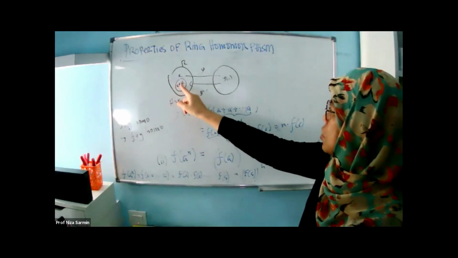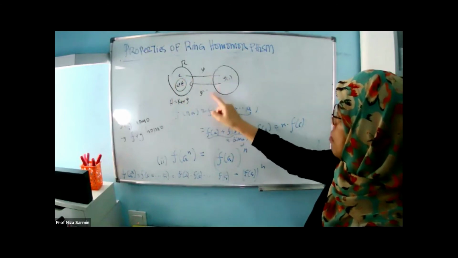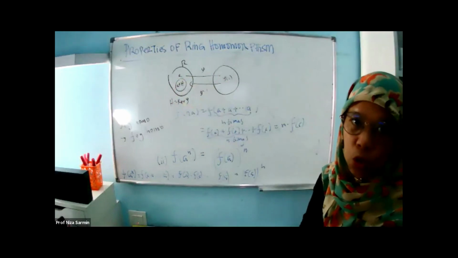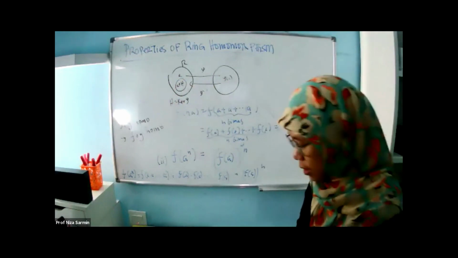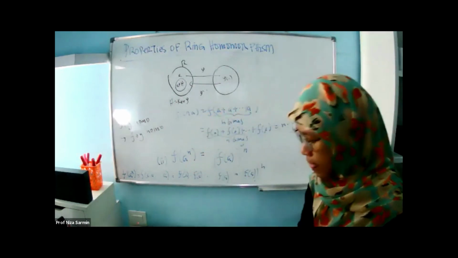So from this A, you get psi of A, but when you take the inverse, it gets you to this whole coset. This is what the theorem means. Okay.